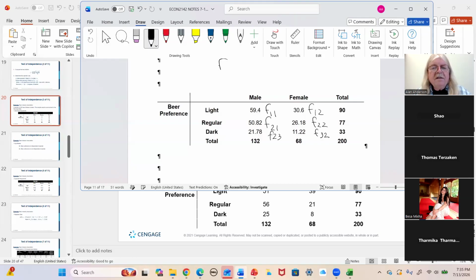When you write these subscripts, this is the row and this is the column. So that's why 1 1, 1 2, 2 1, 2 2, 2 3, 3 2. Sorry, this is not right. This one should have been 3 1. Much better.